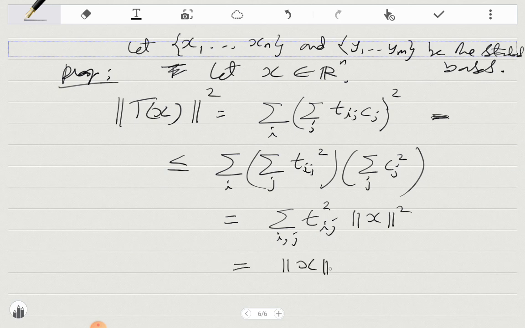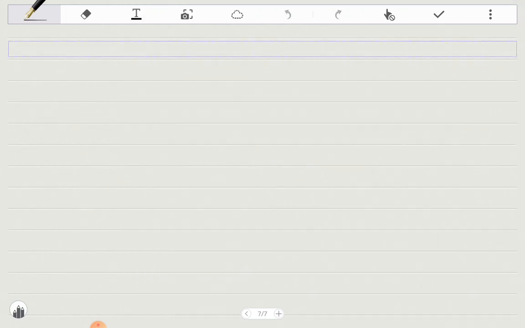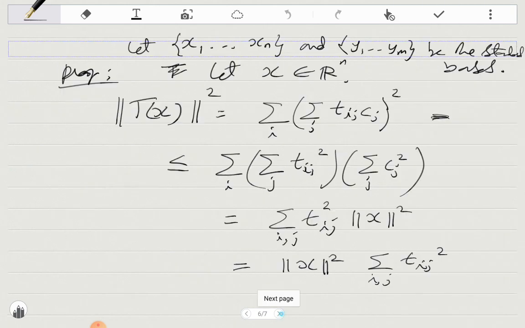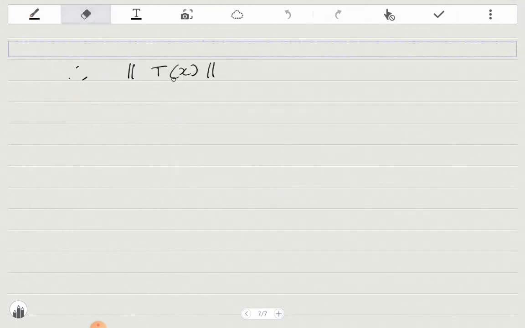We got that this is less than or equal to the sum of Tij squared over i and j, times norm x squared. Now we assume x is not equal to 0, divide, or I can just assume norm x less than or equal to 1, either way, then I take the sup over all x and take the square root.